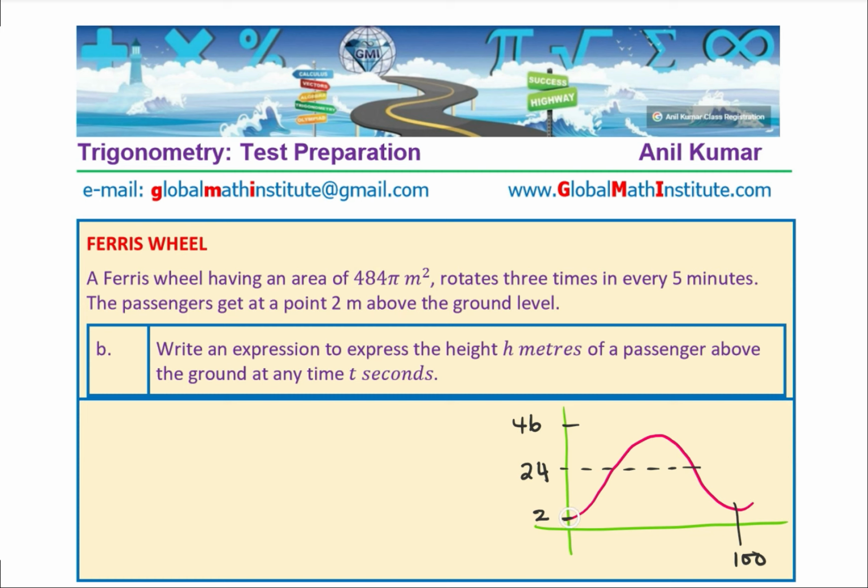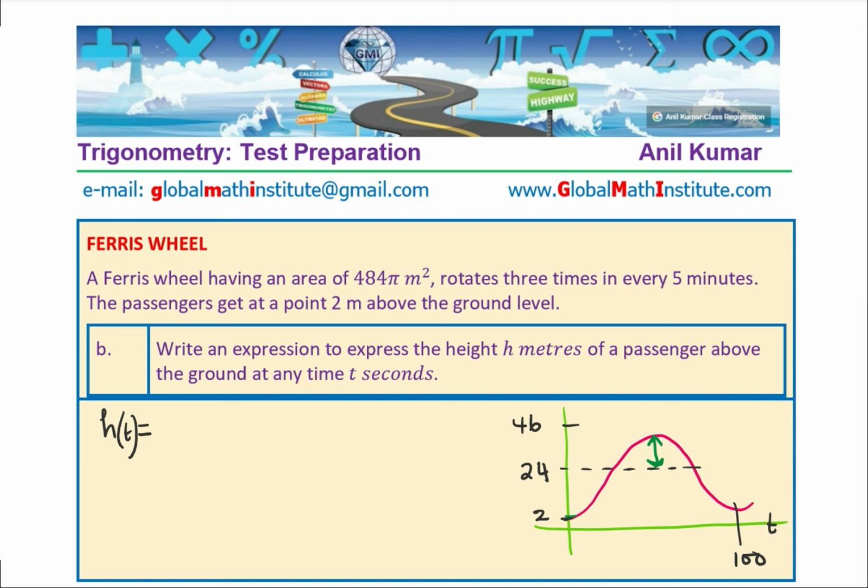We can use the cosine function starting with the minimum, right? So I could write straight away that height is equal to, with respect to time, the amplitude. Now amplitude is the radius of the wheel, correct?